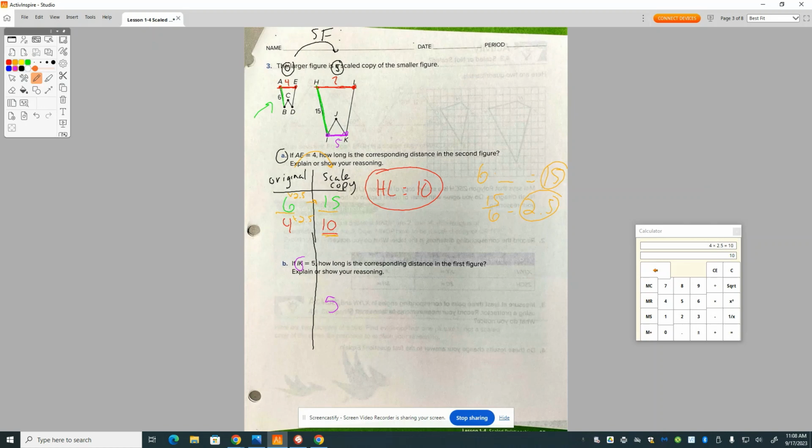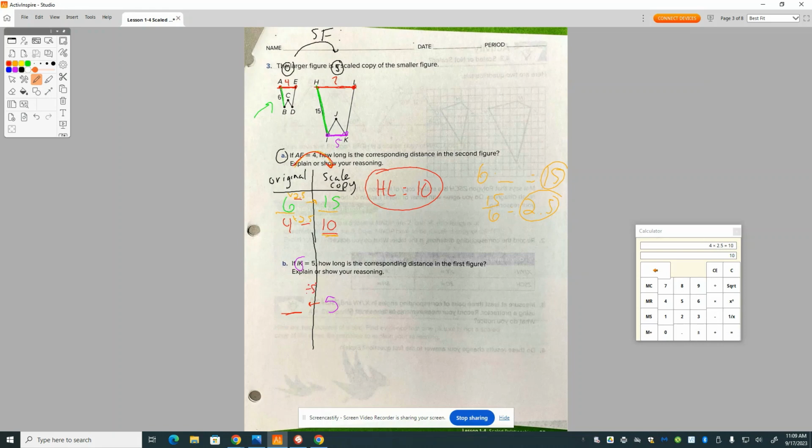Now, this is where things can get a little tricky, because notice that in order to go from my original to my corresponding parts of my scaled copy, I would have to multiply by 2.5. But this time I wasn't given the original, I was given my scaled copy. So that means I am working backwards. And what would be the opposite of multiplying by 2.5?